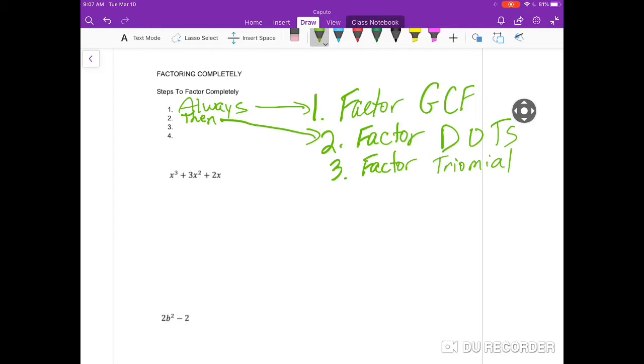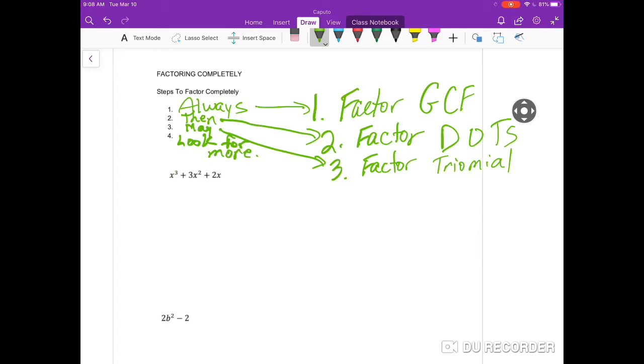You may get a trinomial, and you even may get dots again. So look for anything else. You might get a double order of dots. The trinomial may have to be broken down even further, and you may even have grouping at some point.